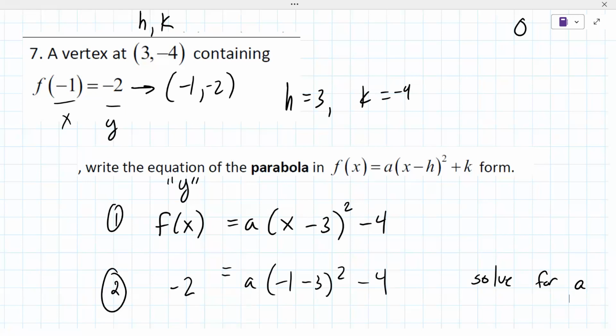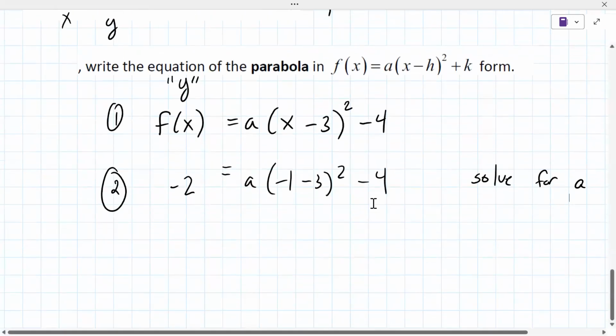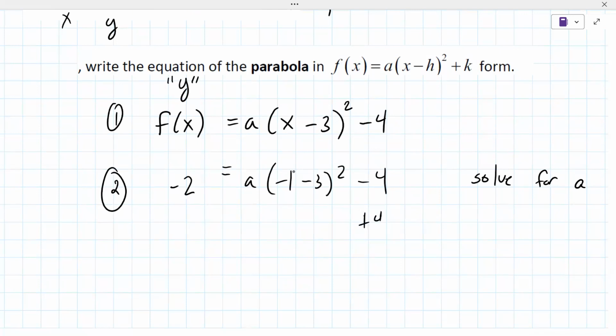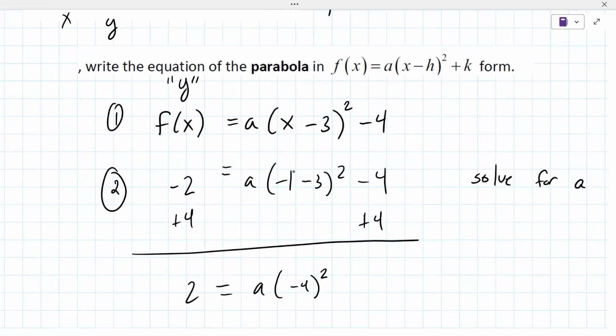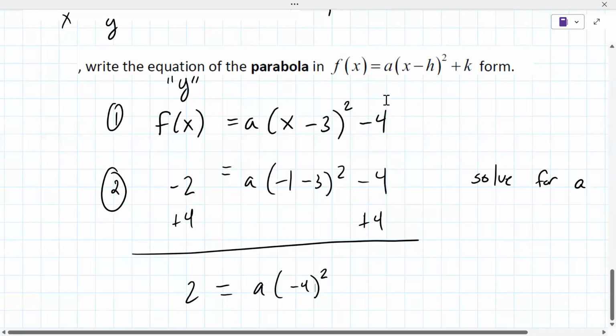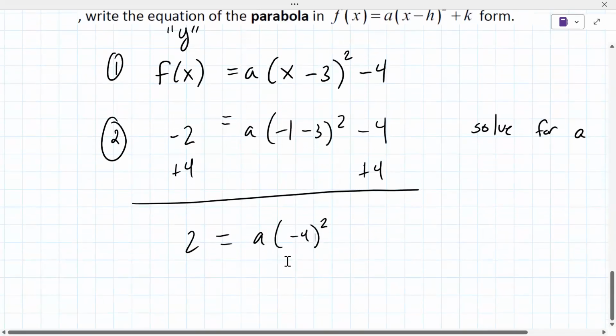All right, I got 1/3 for a. Okay. Hopefully you added 4 first? I did that after I solved in the parentheses. Okay, so -2 equals a times -4 squared minus 4.